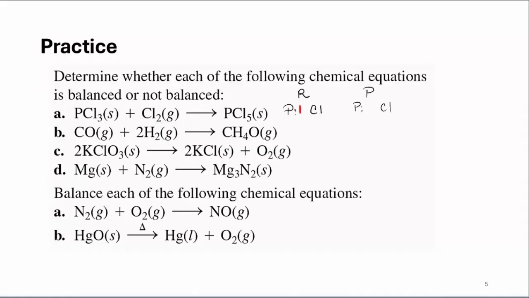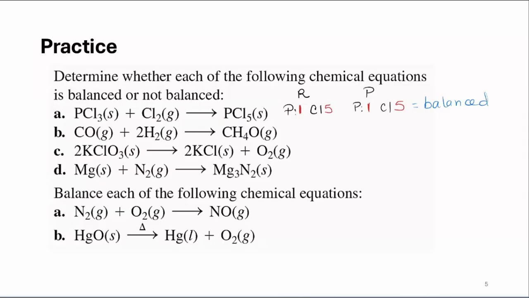That means that I have a total of 5. When I look at the product, I see that I have 1 phosphorus and 5 chlorines. As you can see, this is a balanced equation because we have the same number of atoms on both sides, meaning the reactants and the product.